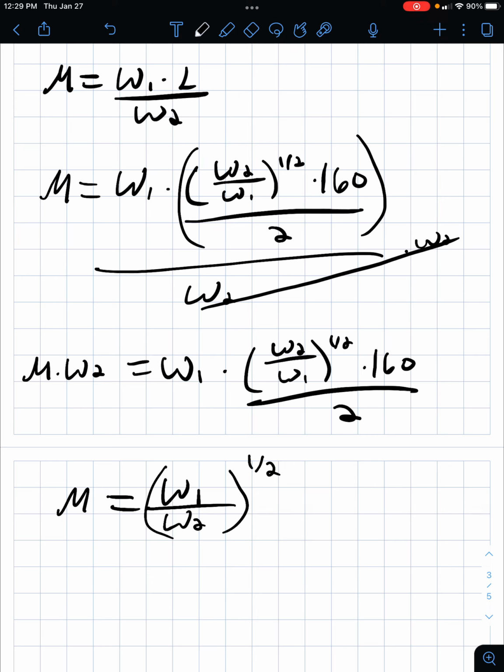If you use your exponent rules, 1 plus a negative 1/2 is 1/2 for W1, and then if you divide this by W2, it'd be W2 to the 1/2 minus W2 to the first, and then you get negative 1/2, so you bring this to the denominator. This is how you get W1 over W2 to the 1/2, and then 160 remains 160, and the whole thing is still just divided by 2. So this gives us M.